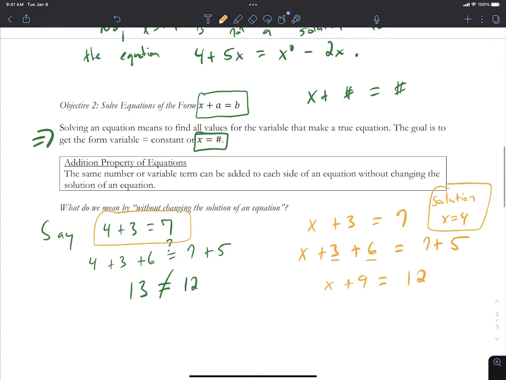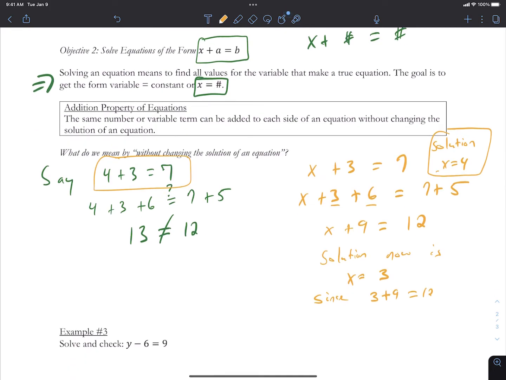So now let's think through, what number plus 9 gives me 12? If we think about this a moment, it's 3. So in other words, the solution now is x equals 3, since 3 plus 9 is what gives me 12.